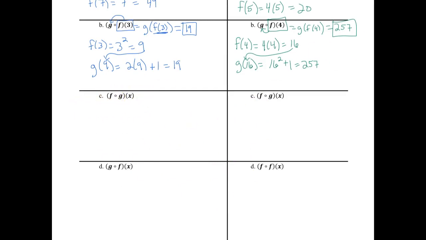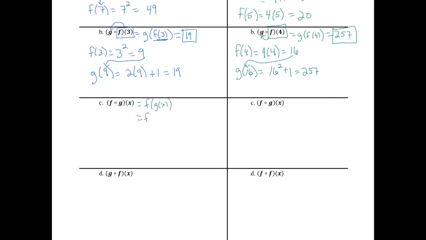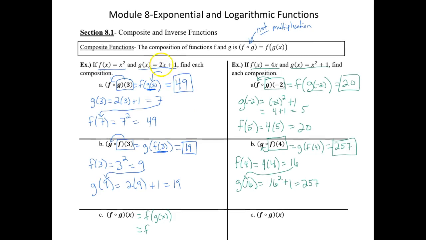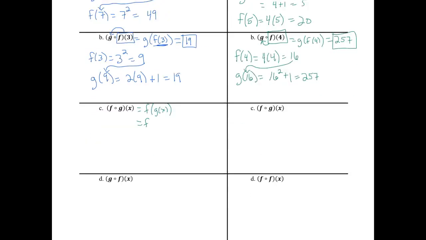So this example here on the left says f of g of x. Again, we are putting g of x into f, but now we don't have a value of x, we're just using x. So replacing g of x with what it equals, g of x is 2x plus 1.